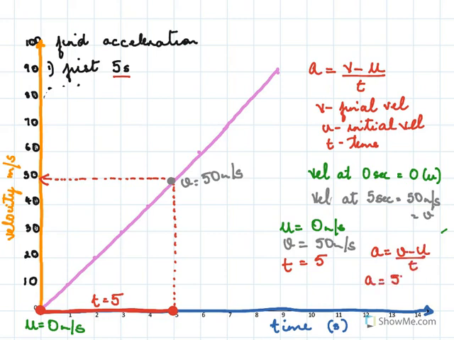So a is 50 minus 0 over 5, which is 50 over 5, and that is 10 meters per second squared. So that is the acceleration between the first 5 seconds.